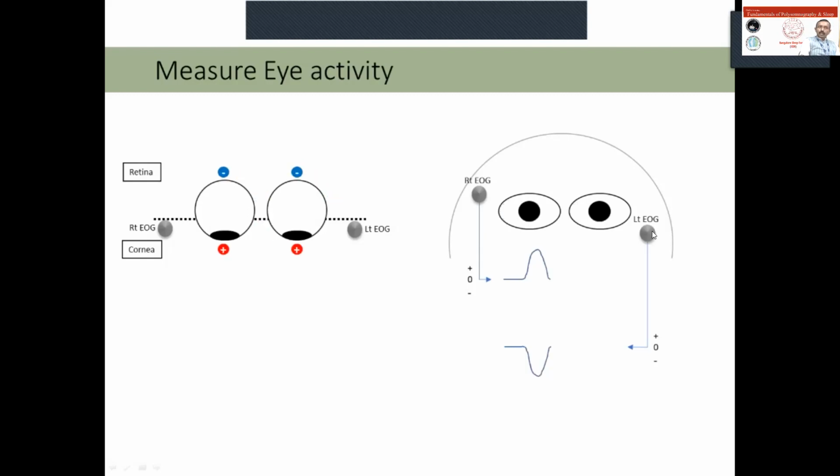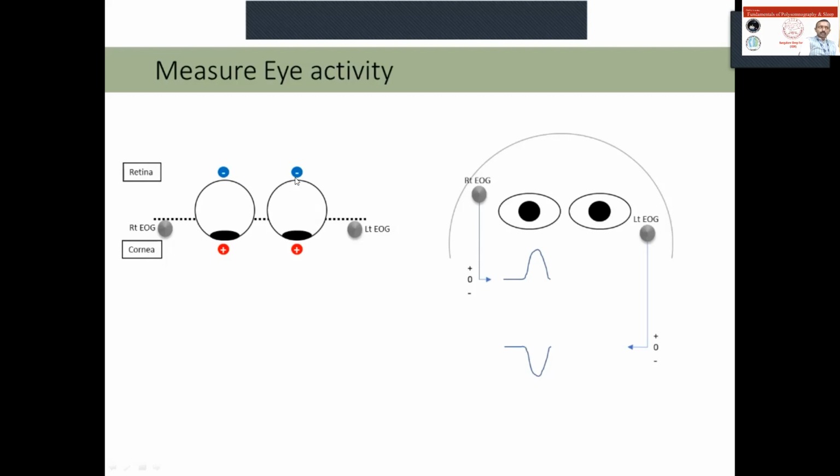For the other electrode, this eye is moving away, because unless you have a squint, both eyes will move synchronously. So if, say, the right eye is moving towards the right side, the left eye will also move towards the right side, and so it will move away from this sensor. Moving away will cause it to go negative.